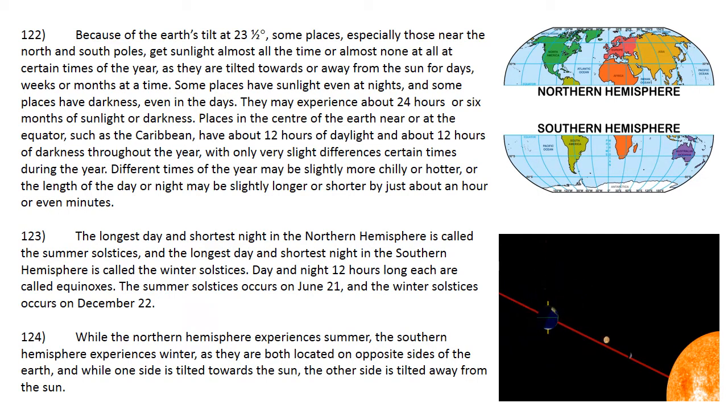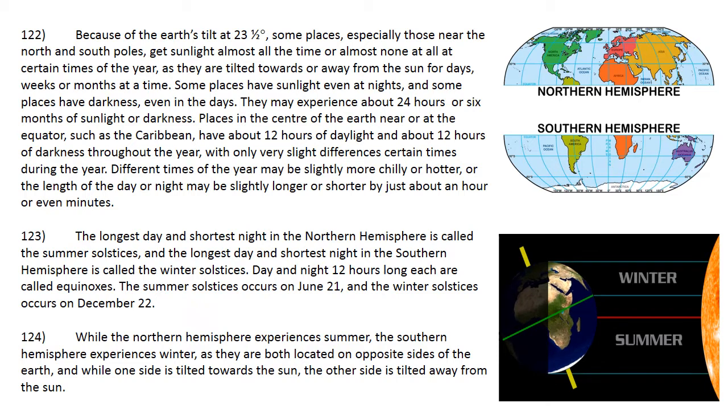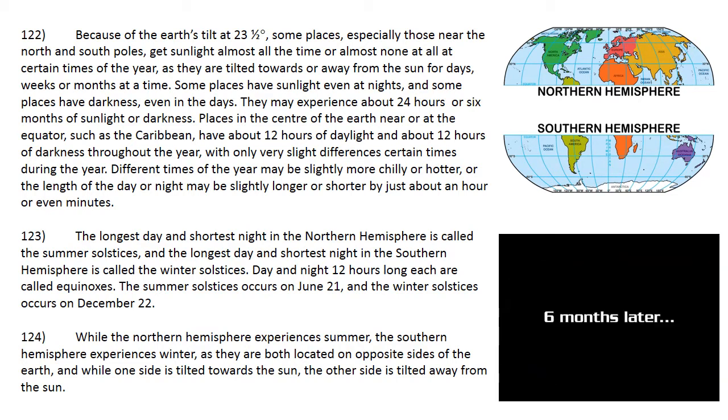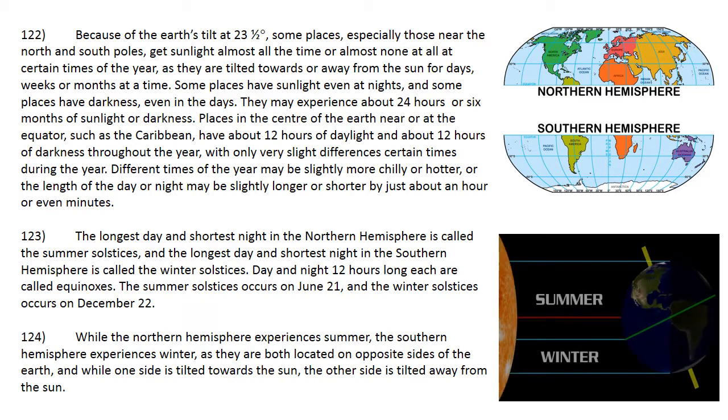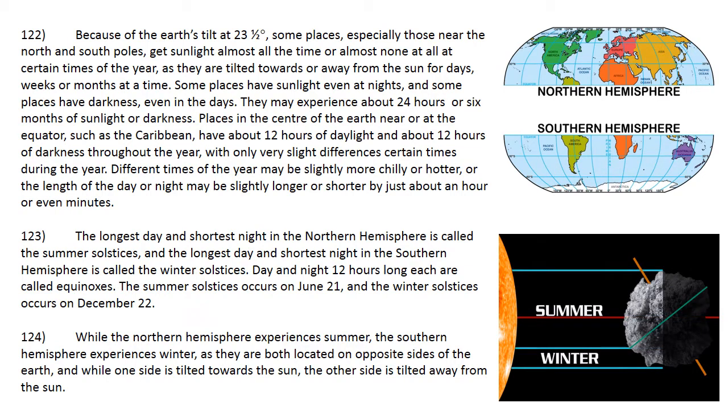Day and night, 12 hours long each, are called equinoxes. The summer solstice occurs on June 21, and the winter solstice occurs on December 22.